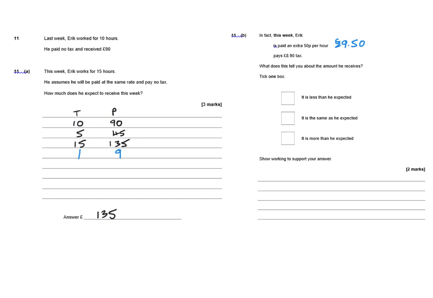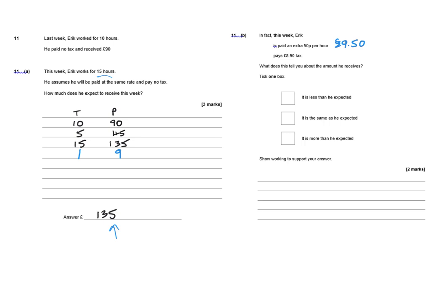So in part A, the amount that he expects to receive is 135. So we want to see if it's gone up or down from that. So it was 15 hours worked. That's what we had from part A there. So I want £9.50 times 15.